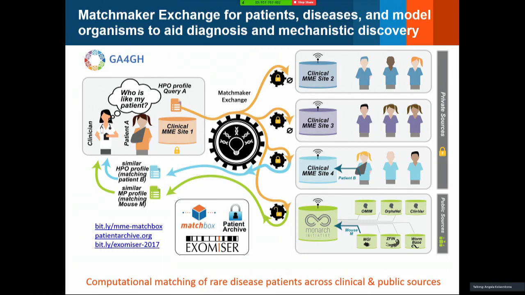In this site, they describe in a structured way the phenotypic features of the patient in the same way as I showed earlier, and then the candidate variants that patient may have. And then that Matchmaker Exchange queries other clinical sites around the world, as well as open databases like the Monarch Initiative, which combines all of the open data to make sure that candidate diseases as well as candidate models are available in order to help inform the diagnosis, as well as assisting in potentially finding collaborators.